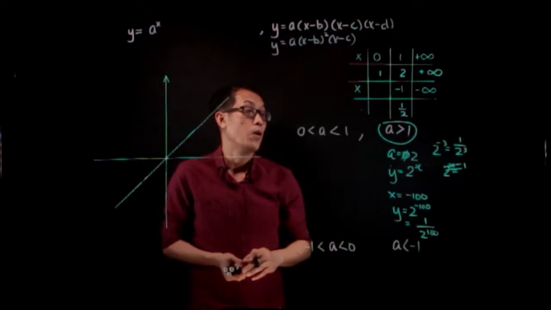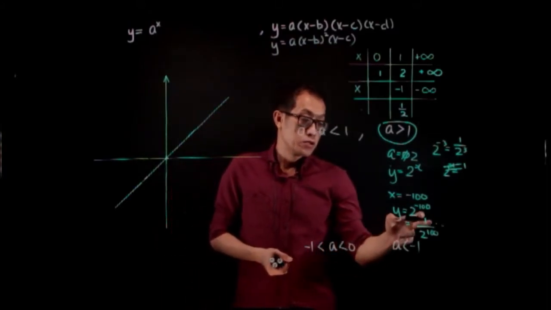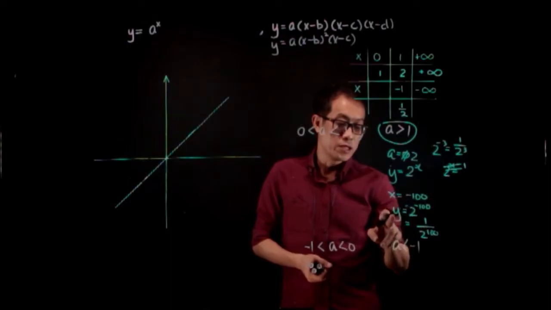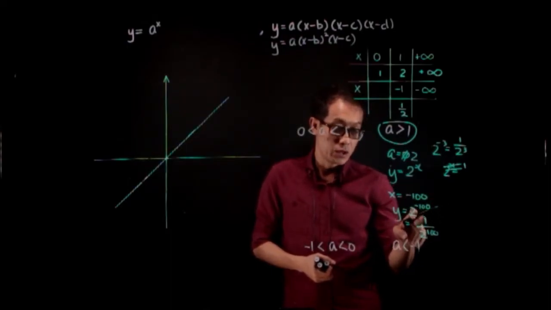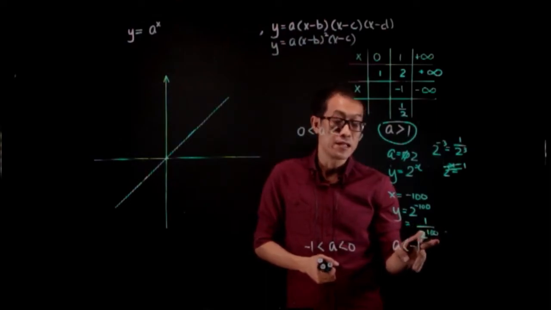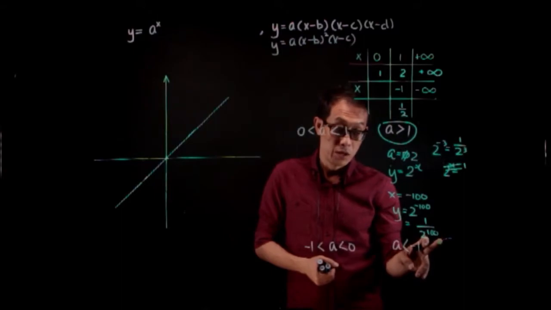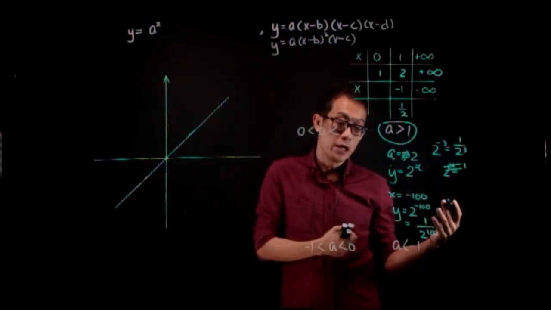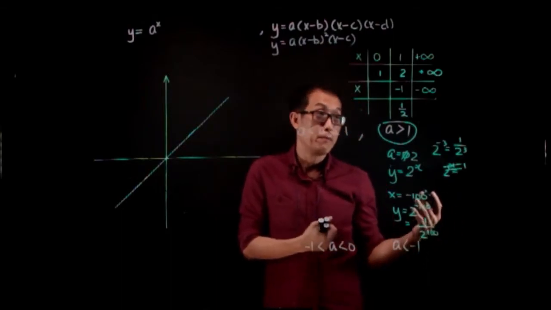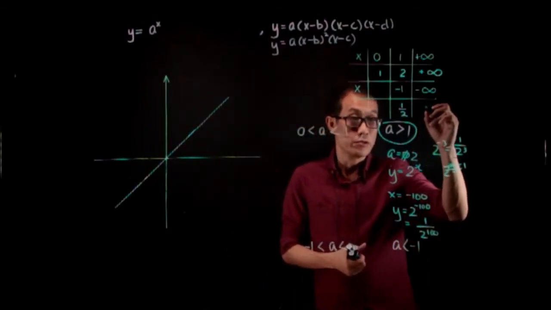So come back to this: 2 to the power of -100 equals 1 over 2 to the power of 100, and 2 to the power of 100 is super huge. So 1 over a super huge number, you will get a positive number but very close to 0.